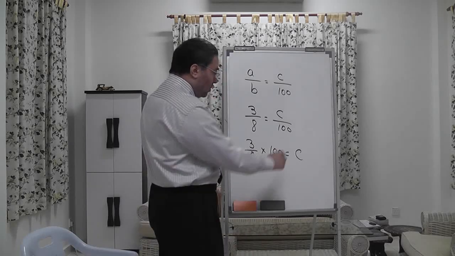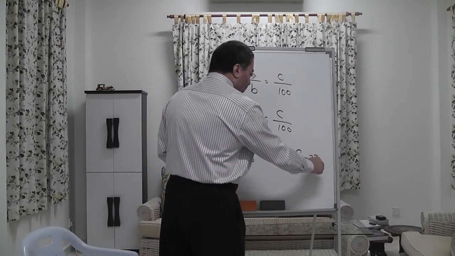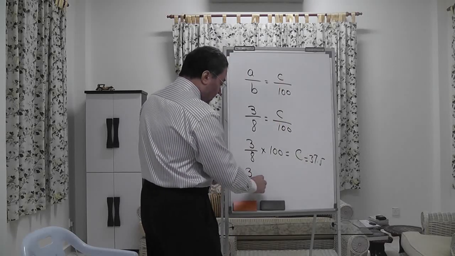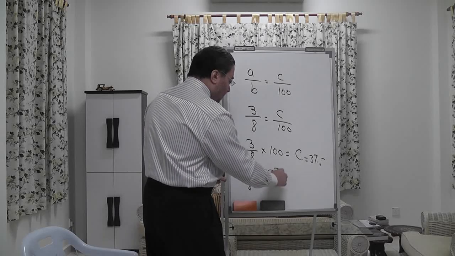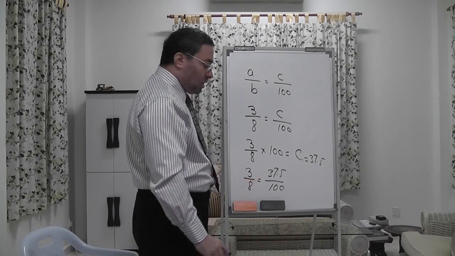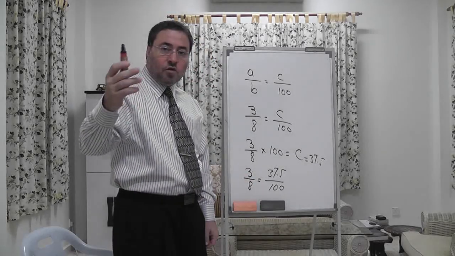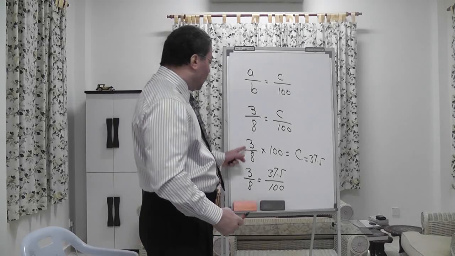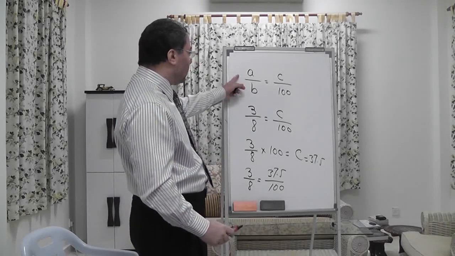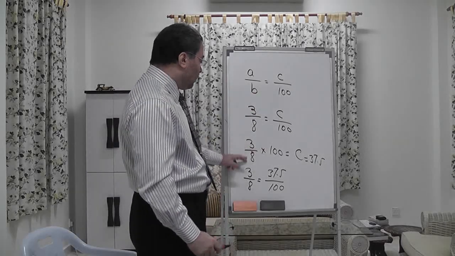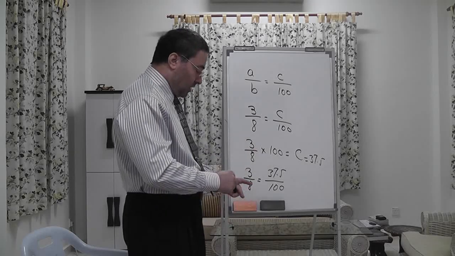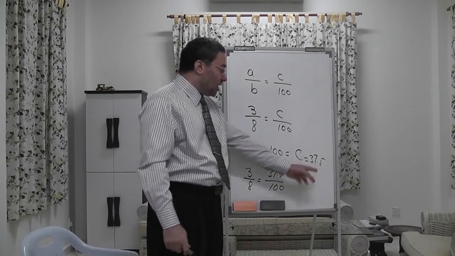In this case, this is going to be equal to 37.5. So when we replace this, 3 over 8 is the same as 37.5 over 100. In the future, whenever we want to get the percentage of one number from another number, we simply divide them and multiply by 100. We are not going to follow this. It's very easy to remember that we divide the two numbers and multiply by 100, and we get our percentage right away.